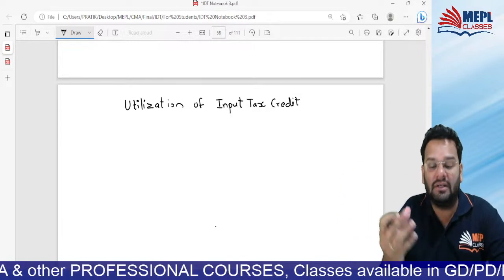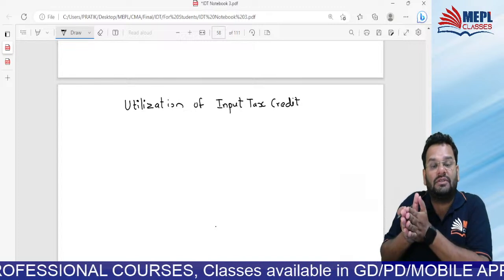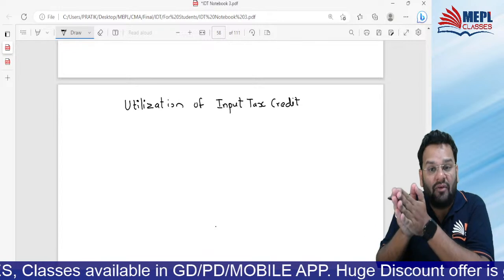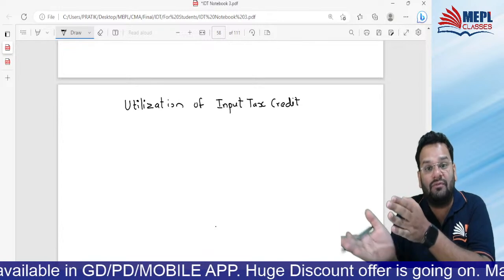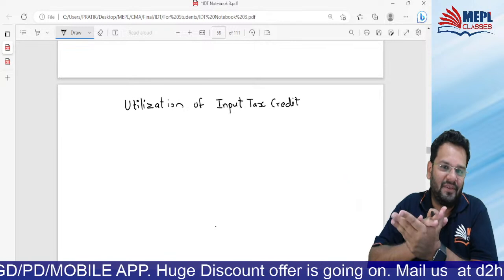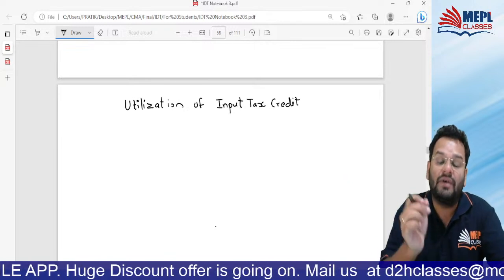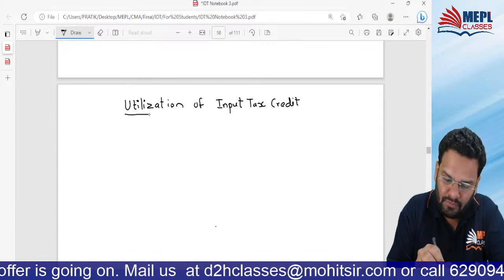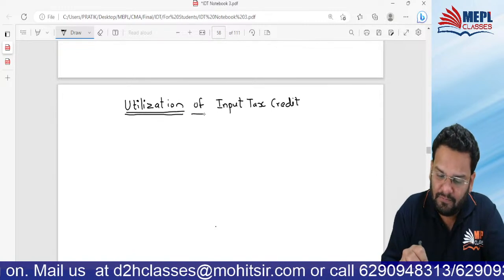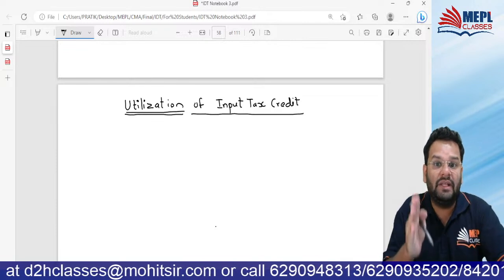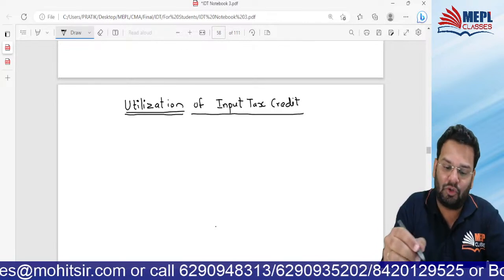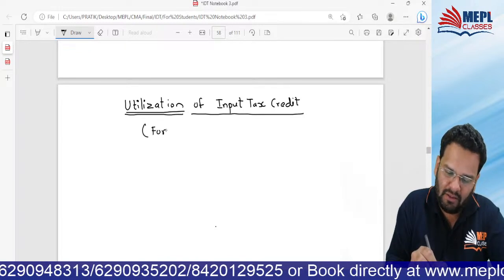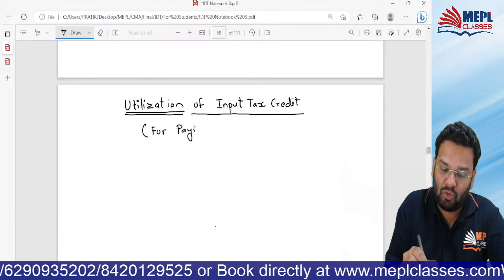But what I thought is, first we have seen the conditions for availment of ITC. After the conditions, we have availed the ITC. So obviously now we should see where to use this ITC. Utilization of ITC will be only and only for the purpose of paying output tax.